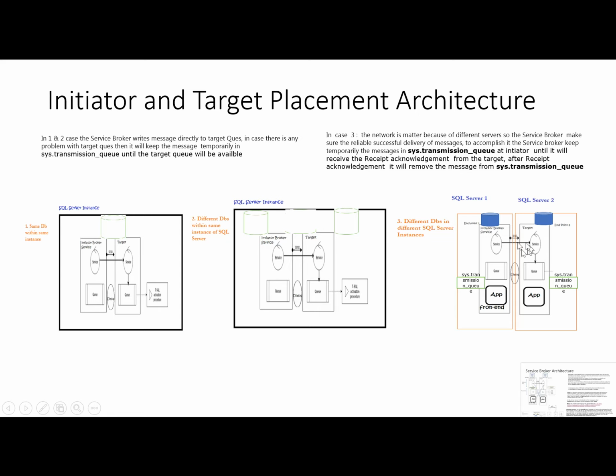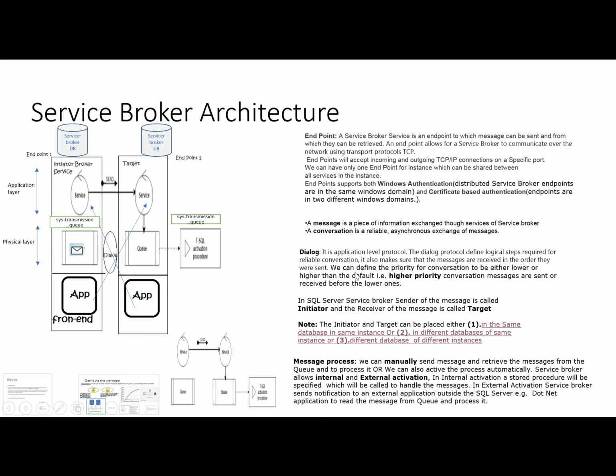But in the third scenario, until the target server replies back, the message will stay in this temporary storage at the initiator service. So this is the placement of the initiator and target service, and this is the basic architecture of the Service Broker, and how the message delivery system works asynchronously on the backend of the application.